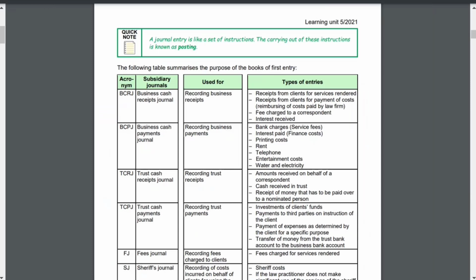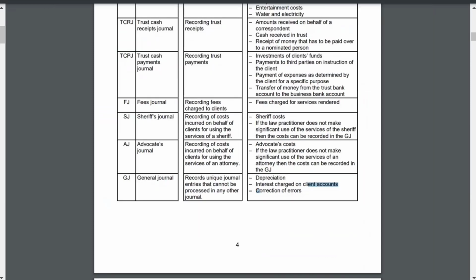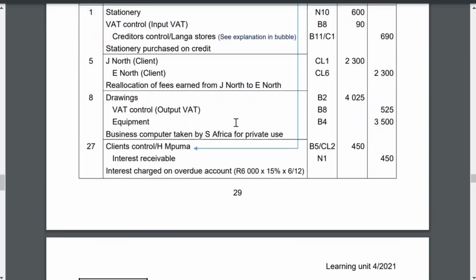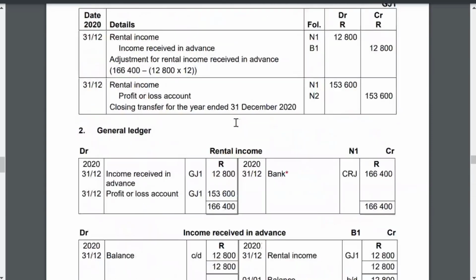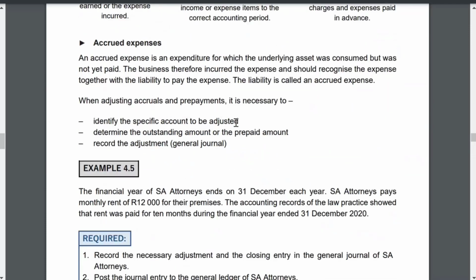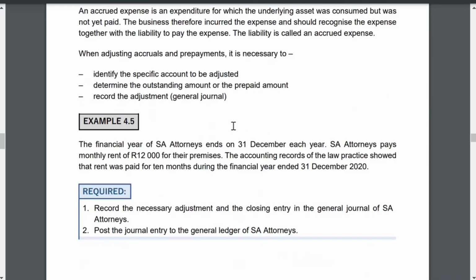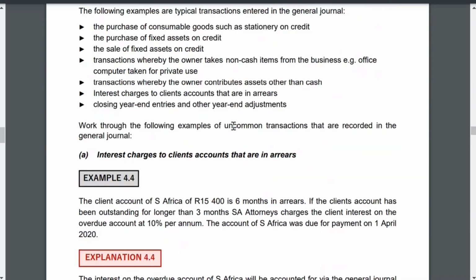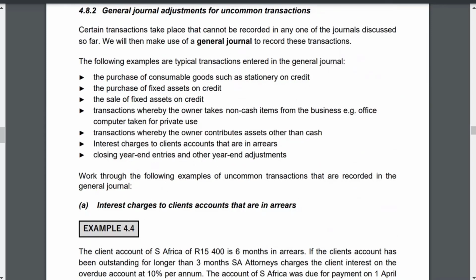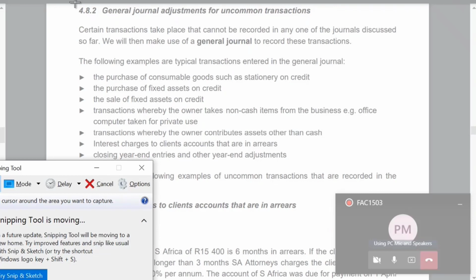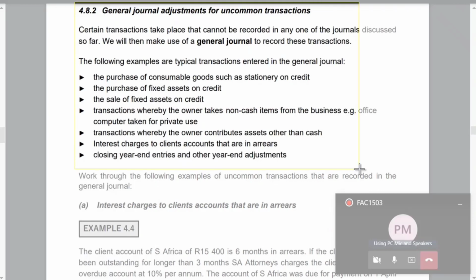So the answer is General Journal, because when you go to page 21, learning unit 4. So when you go to page 21, guys, it forms part of which point? Can you see?